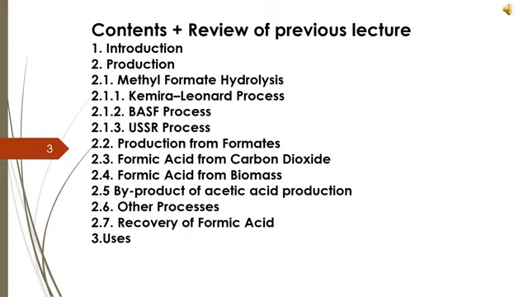In the second product column, formic acid with a maximum concentration of 98 weight percent is drawn off as a distillate. The bottom product is recycled to the first product column.